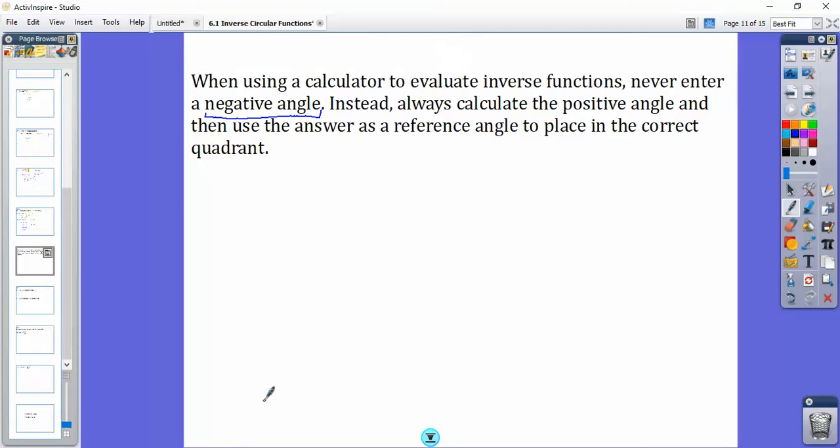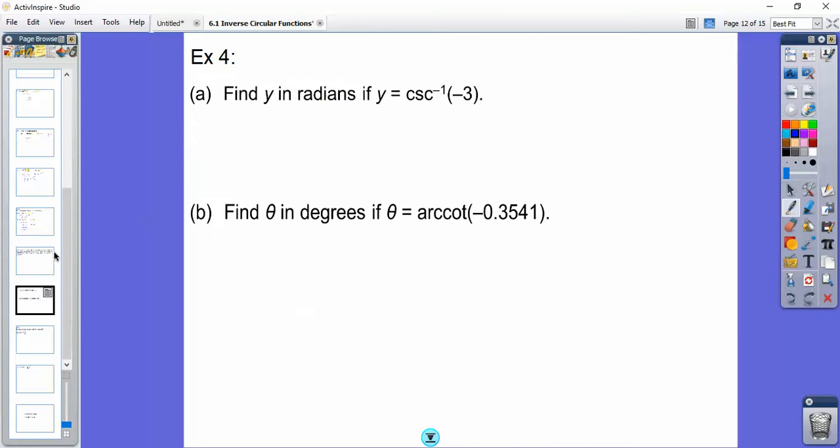The reason is when you're dealing with tangent and cotangent, your calculator will give you the wrong answer at times. So to make our life simple, we will just always put in the positive and treat that as a reference angle and then put it in the quadrant we need.